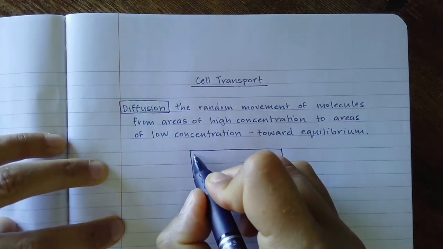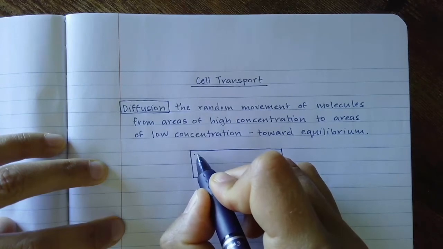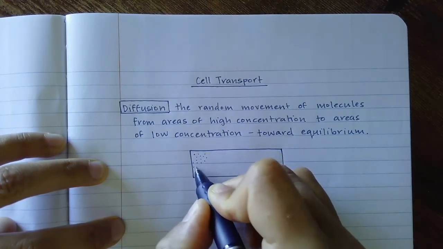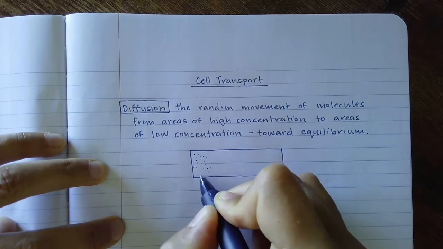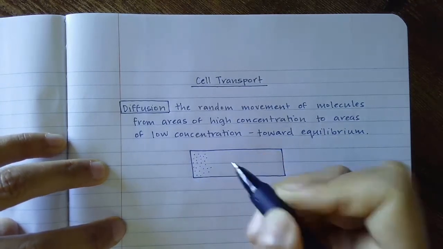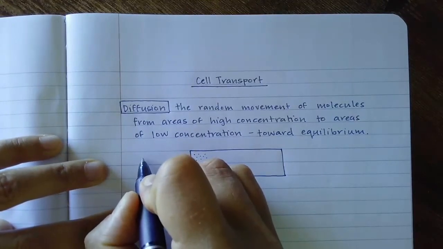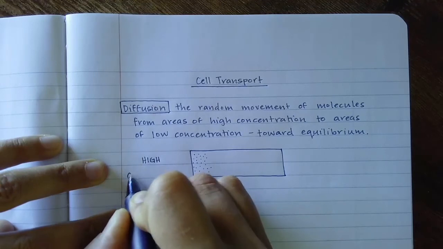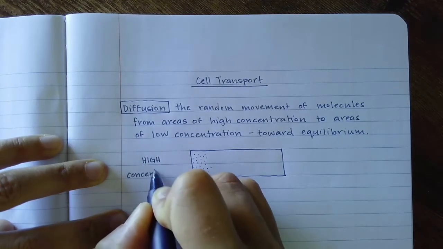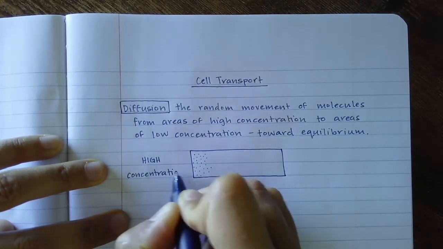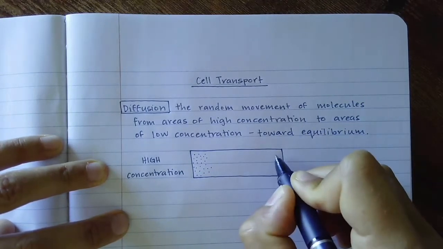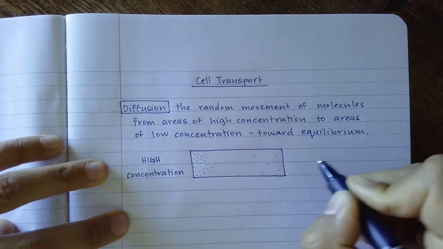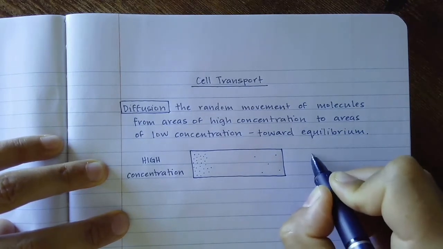And then if we have those molecules really close together, so let's draw a whole bunch of molecules really close together, we would say that this is a high concentration. And let's say that over here, we only have a couple of molecules and they're pretty well spaced out. This is a low concentration.